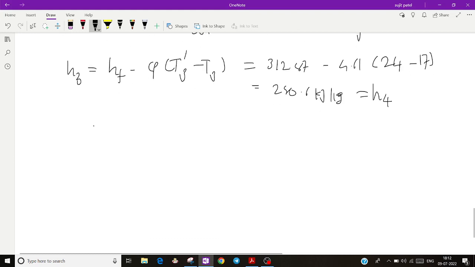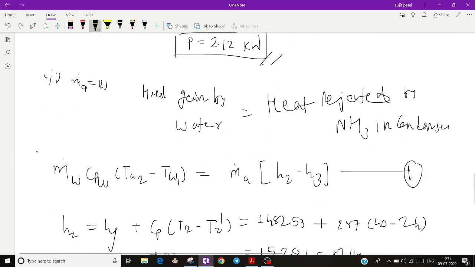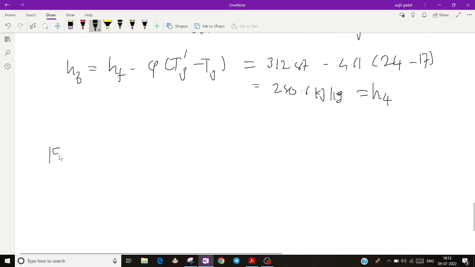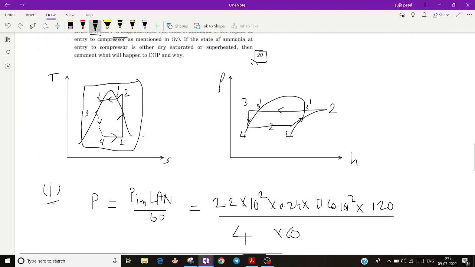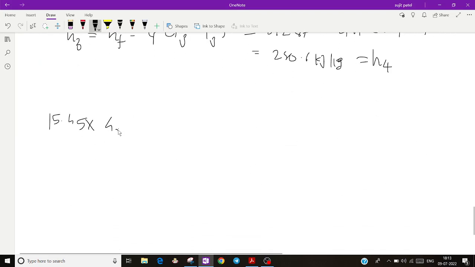So we have both H2 and H3 values. Put them in equation number 1. The mass flow rate of the water is 15.45 kg per minute. Cp of water, given in the question, is 4.1868, multiplied by the temperature rise of water, that is 24 minus 16, and the mass flow rate of the ammonia that we have to find, times the enthalpy difference, 1528.45 minus 280.6.